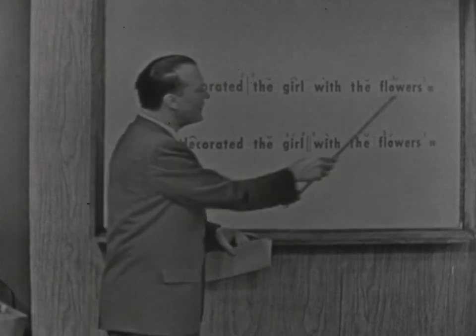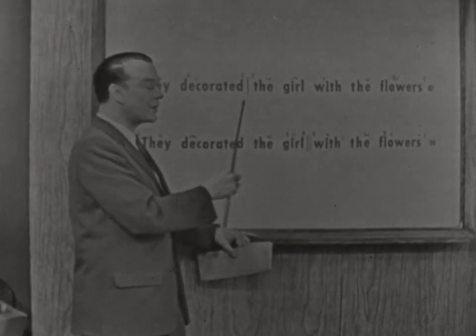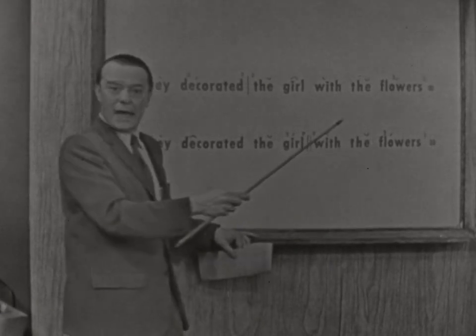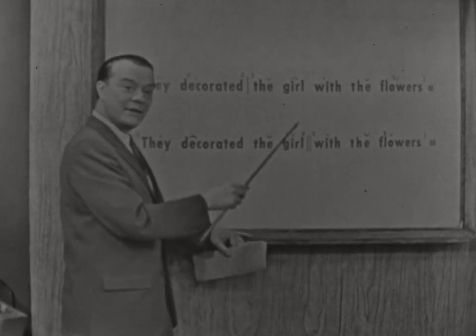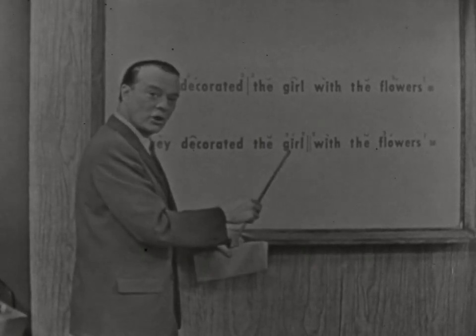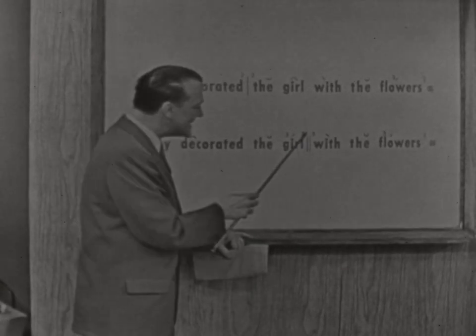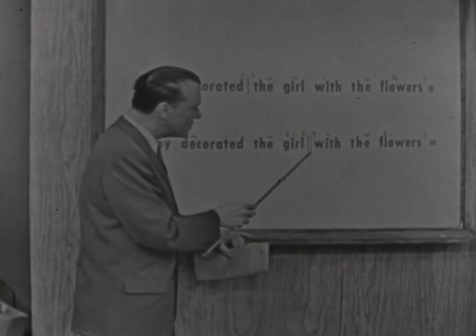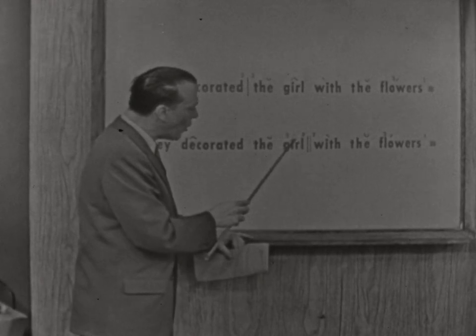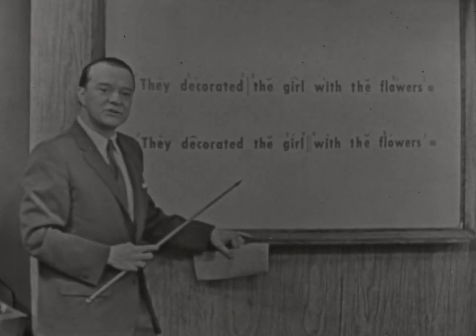It simply identified the girl, if you will, as the one who already was equipped with flowers. They decorated the girl with the flowers, not the girl with the hat. But down here now, I have obviously said that the decoration of this girl goes on in terms of the flowers. And again, it is this particular intonation pattern, stopping here with double bar, going to 3 and 2, that tells me how these particular constituents of this sentence are set together.